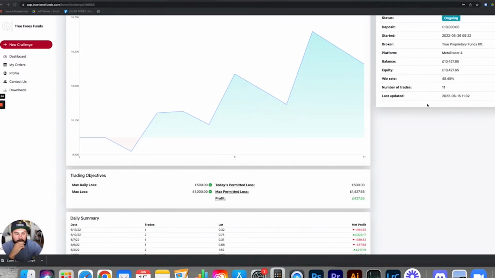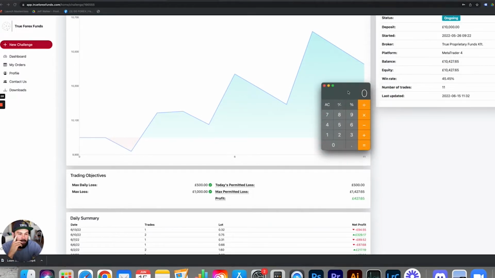At the moment, my profit split should be, what is it, 4.27%. I get 80% of that, so £341, and then my free refund will be 75 quid. So 416 quid should be what my take home will be after the profit split, as prices are at the moment, and with my free refund.